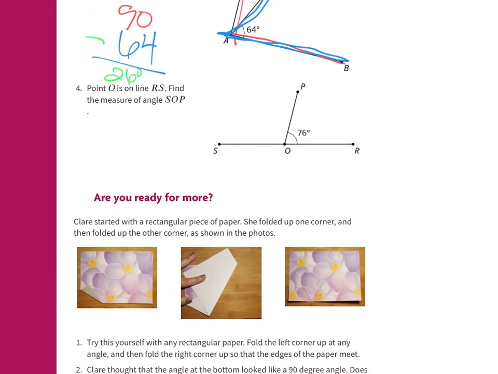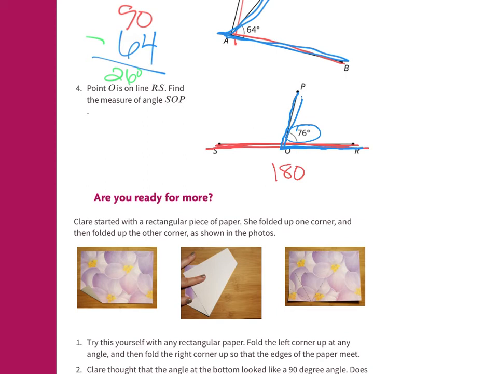All right, number 4, point O is on line RS. Find the measure of SOP. So we know that the straight line here, SOR, or ROS, we know that's 180 degrees. And we know that POR, this one right here, is 76, right?